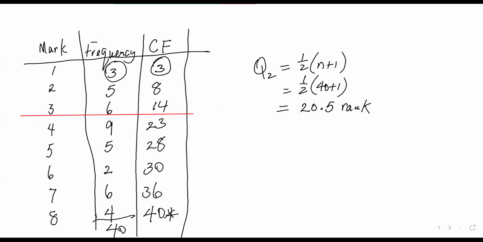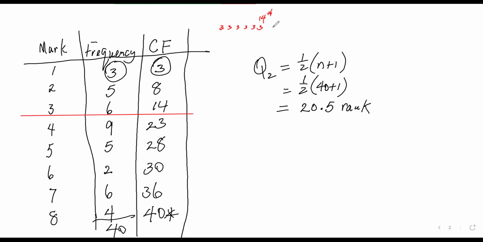So that's your 3 as the 14th number. If you're not sure, you could write with a pencil that your 14th number is 3. There were 6 3s. 1, 2, 3, 4, 5, 6. So the 14th number is a 3.